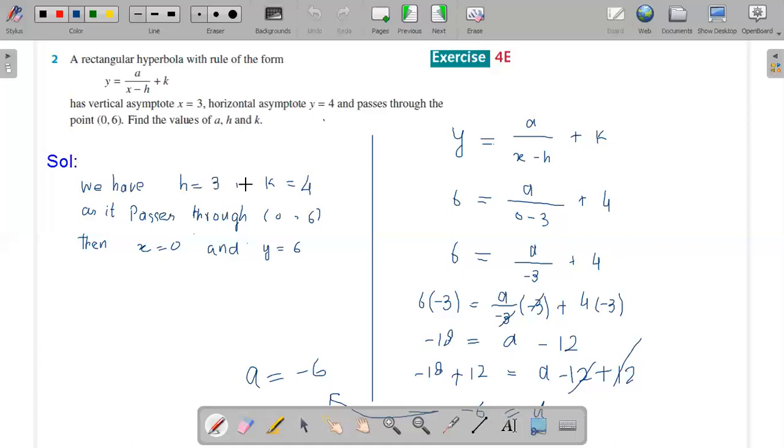So h is 3 and similarly k is 4. This is the horizontal asymptote y equal to 4, so this is the value of k. If x equals 3, that's basically for h, and this is the value of k.